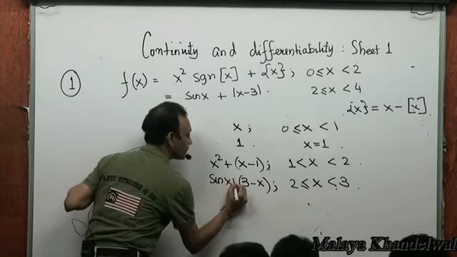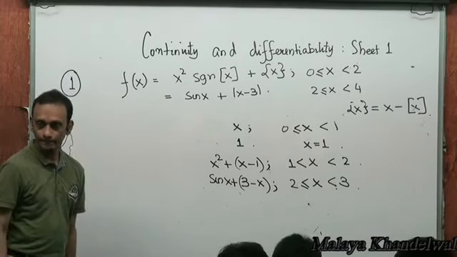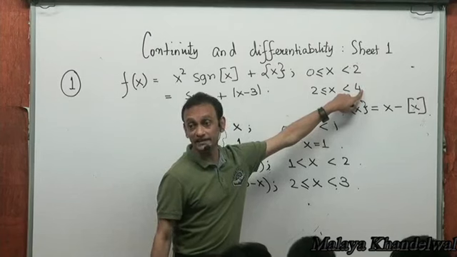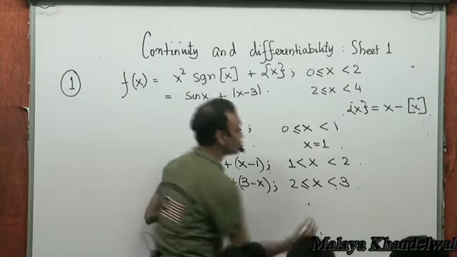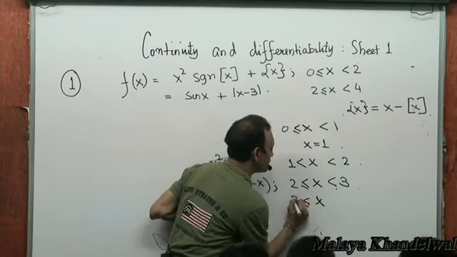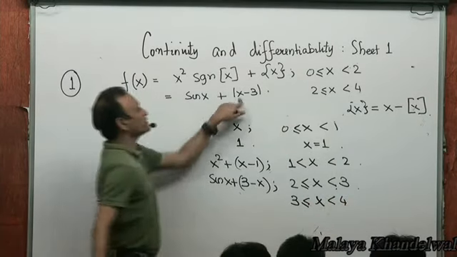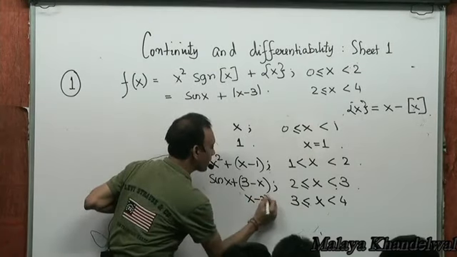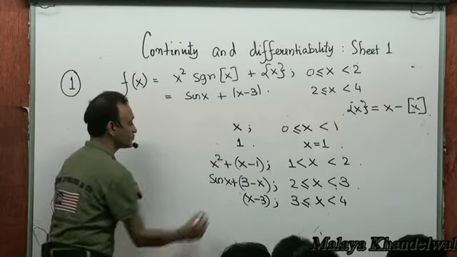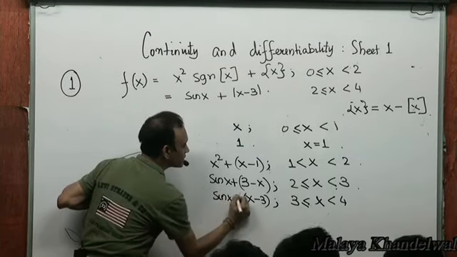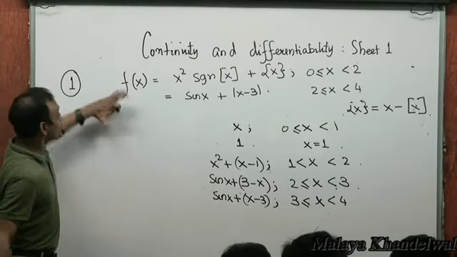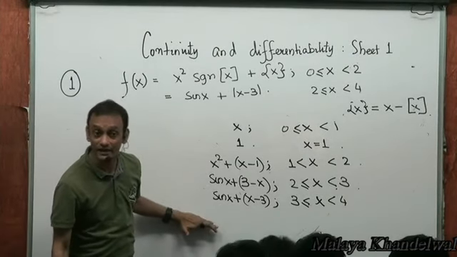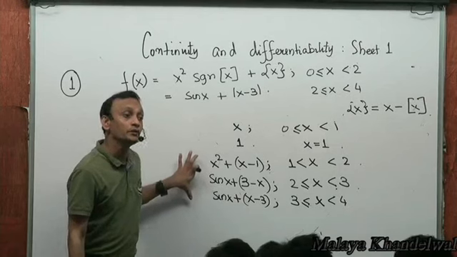And from 3 to 4, x greater than or equal to 3 but less than 4, mod of x minus 3 would be x minus 3, and sin x would be sin x.